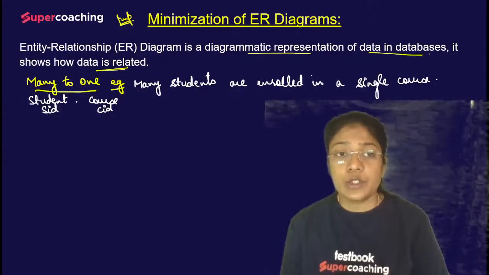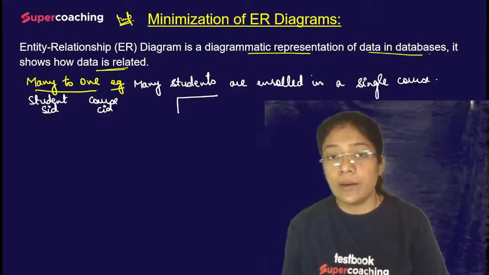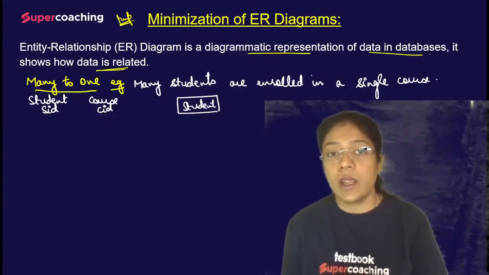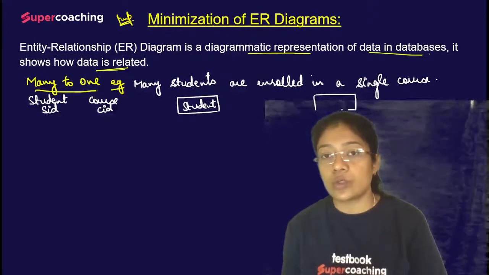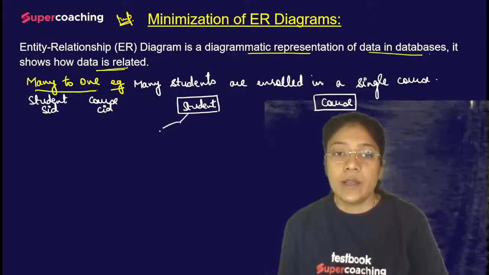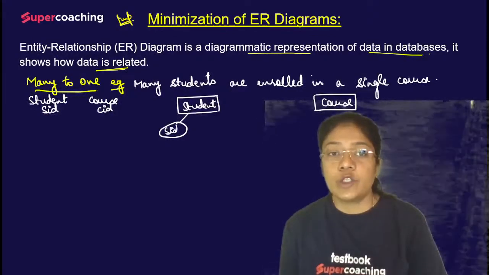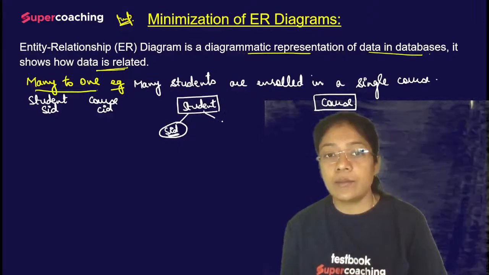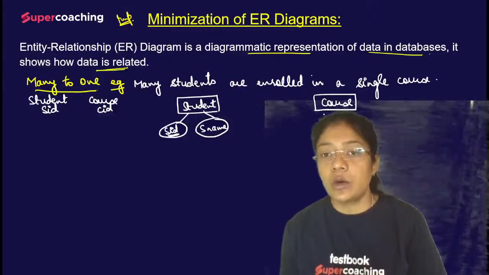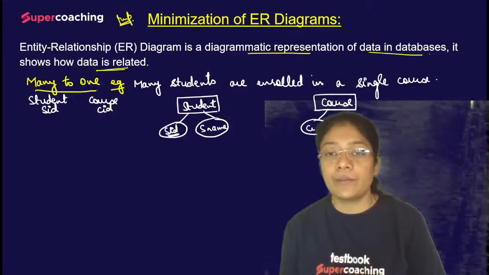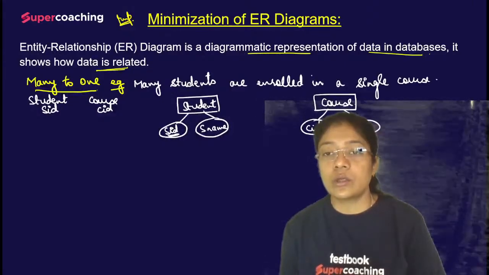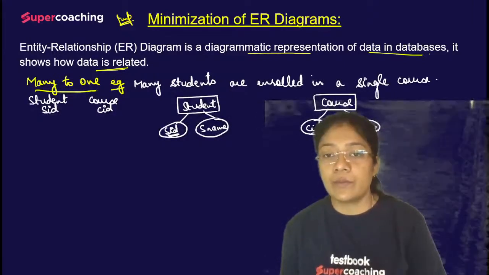And there is a relationship between student and course. The student has the student ID, which is a key attribute here, and I'm taking the student name, not considering many attributes. The course has the course ID and course name.